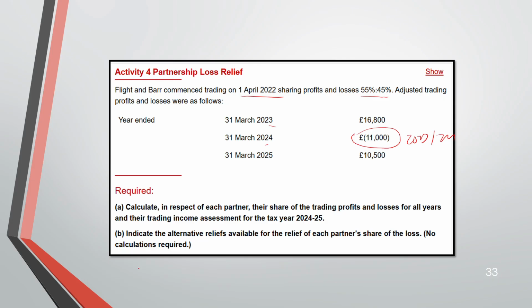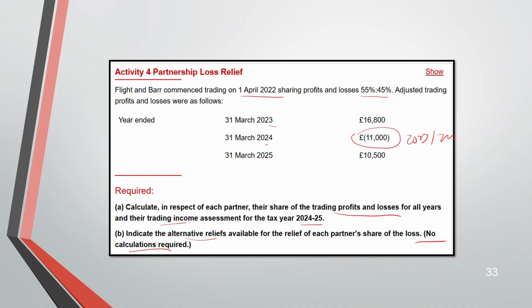Calculate in respect of each partner their share of trading profit and loss for all the years and their trading income assessment for 24-25. Then indicate the alternative reliefs available for each partner's share of the loss. No calculations are required; you just have to indicate.